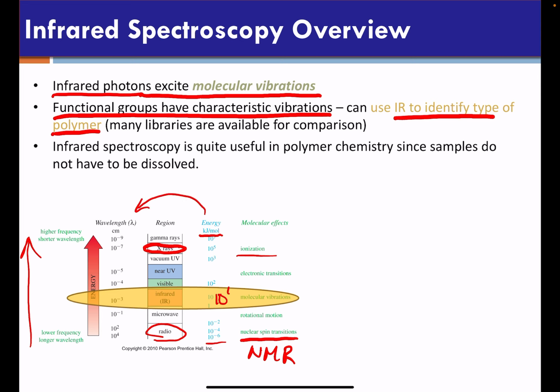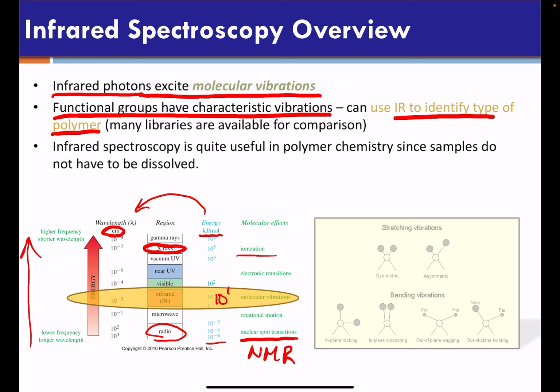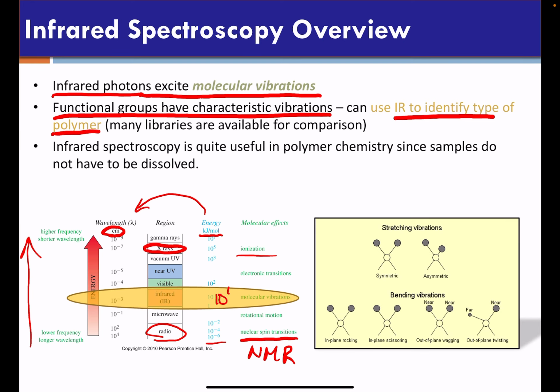So we're using excitation energy corresponding to a wavelength on the 1,000th of a centimeter is the wavelength of the radiation here. Okay, so as such, we've got to now be prepared to recognize and understand all sorts of molecular vibrations that may be triggered by this type of radiation.